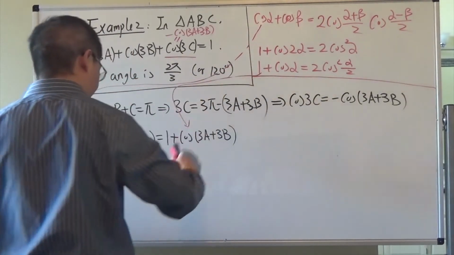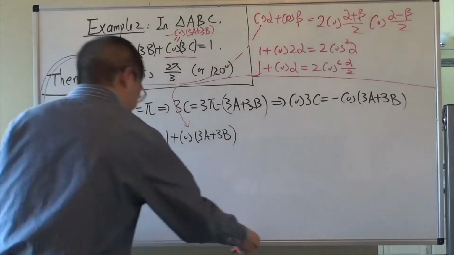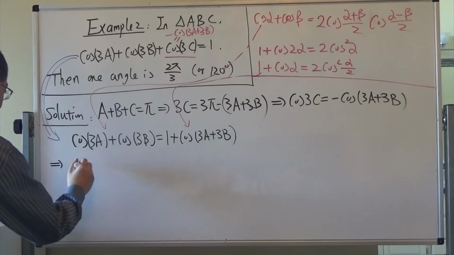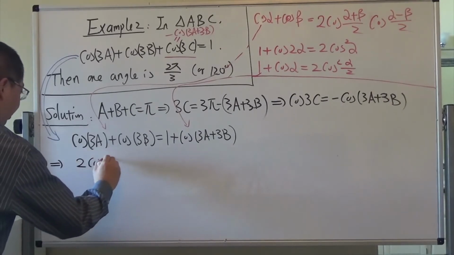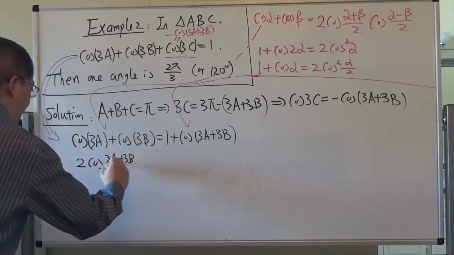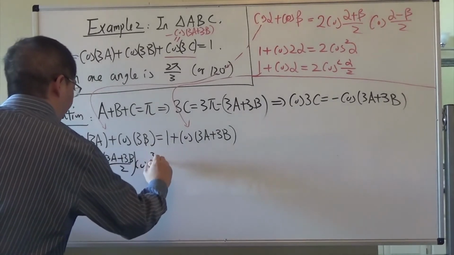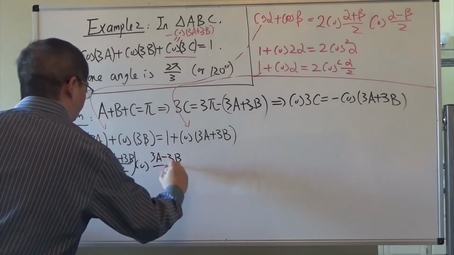We can rewrite the equation as, from here we deduce, twice cosine of (3a plus 3b) over 2 and cosine of (3a minus 3b) over 2.